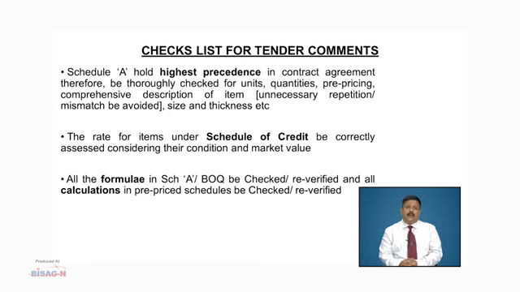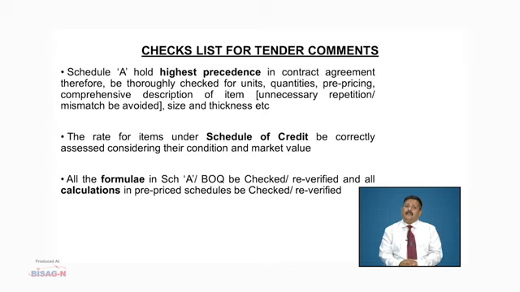The Schedule A holds highest precedence in the contract agreement, hence it is thoroughly checked for units, quantities, pre-pricing, comprehensive description of items. Unnecessary repetition and mismatch are to be avoided, and also correct size and thickness of all the items included are to be checked.